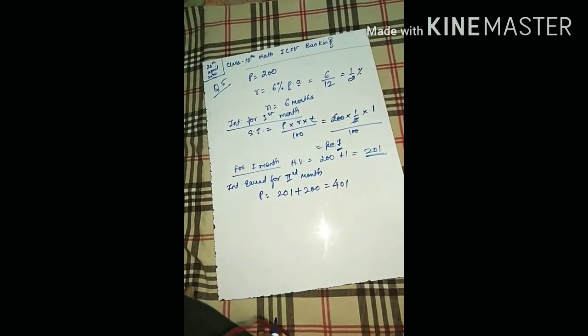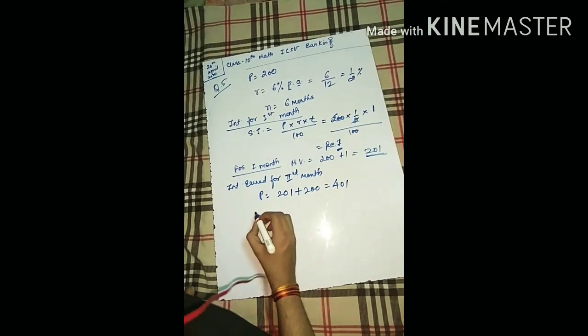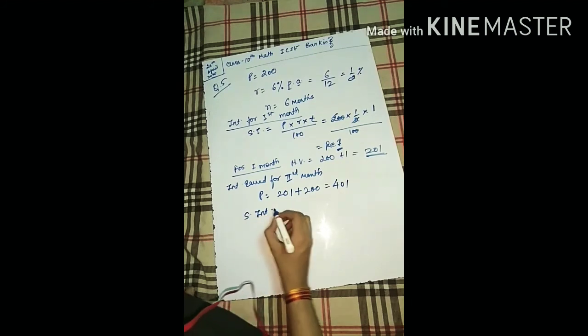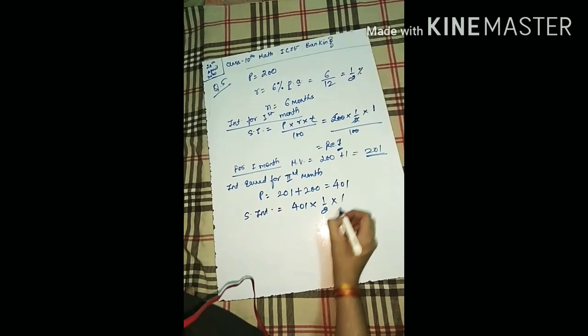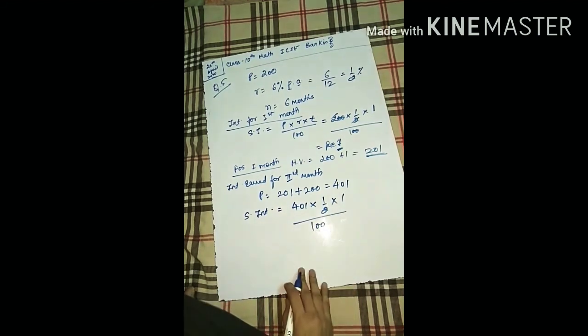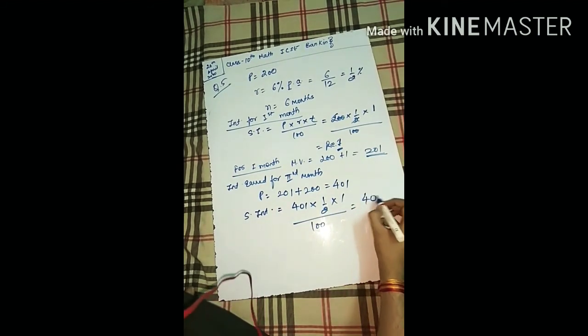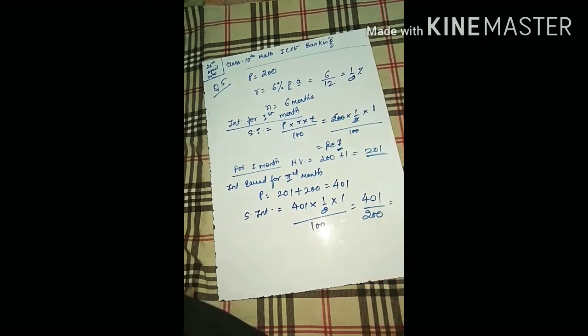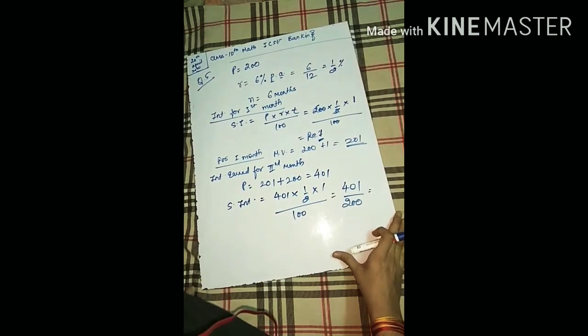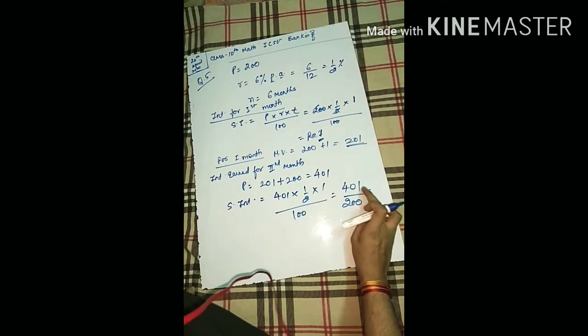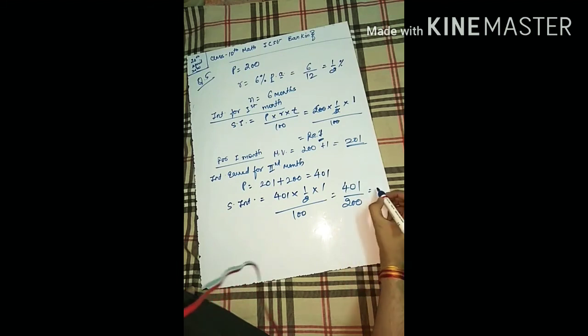Okay, now again, what is the interest formula? Simple interest, that is P into R into T upon 100. So this is 401 upon 200. Now as this is not divisible, but what we can see from here, in rupees, the answer will come in rupees. So we can write this is approximately equal to rupees 2.